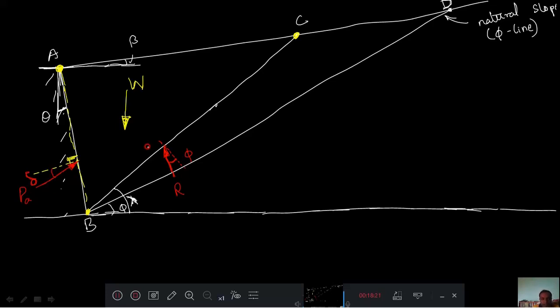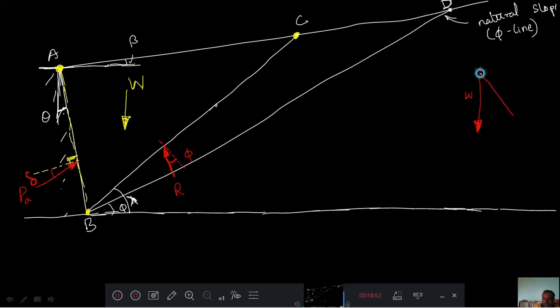Considering that ABC is in equilibrium under these three forces, I can show graphically how we will show the equilibrium condition. If we draw three forces, then it will make a closed polygon. See, this is my W, and the reaction is in this direction.